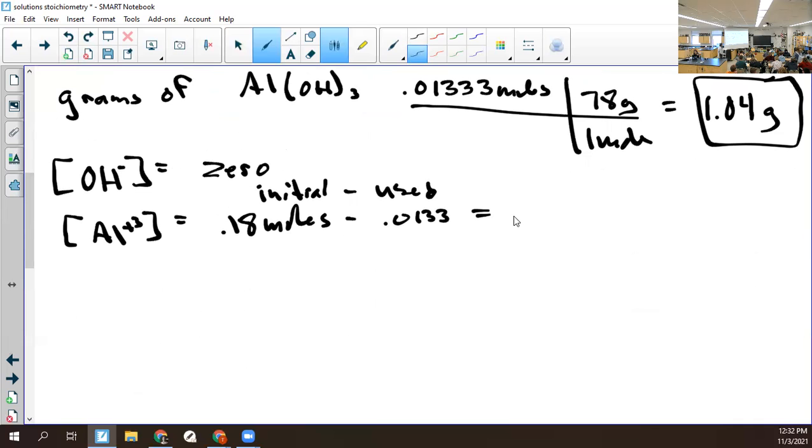Okay. Why is what I'm about to write here not the answer? I'm looking for concentration. So whatever this number is, I better divide it by 0.4 liters. Now, Seth, do you know where that came from?